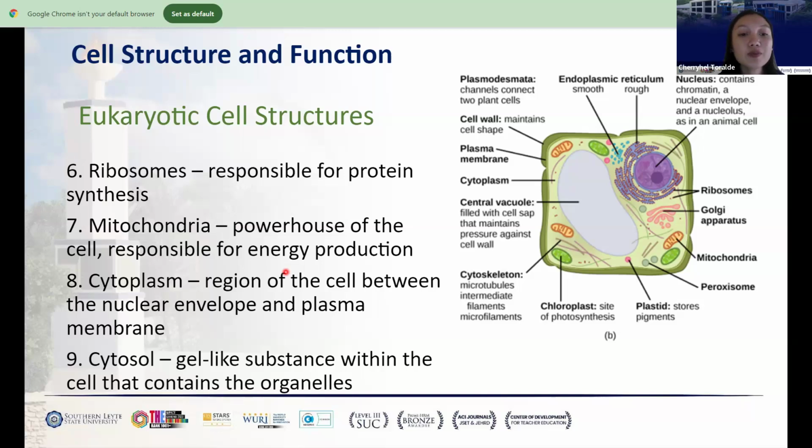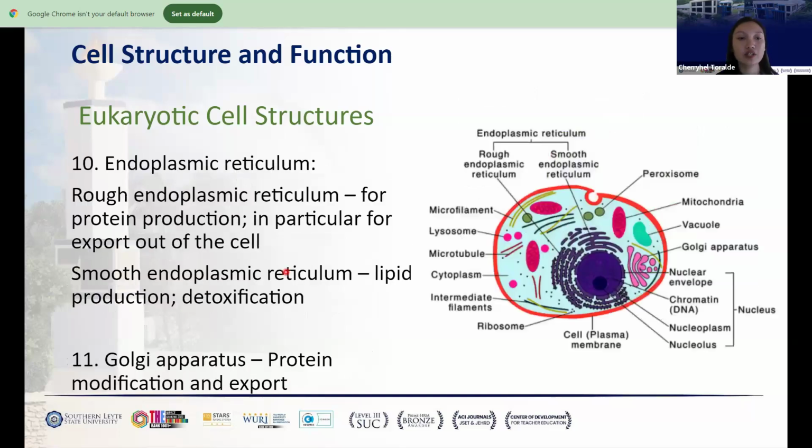Next, cytoplasm. So, the cytoplasm is actually just the space, except the nucleus, inside the cell, where all your organelles are actually embedded in. And then it's filled with this gel-like substance called the cytosol.